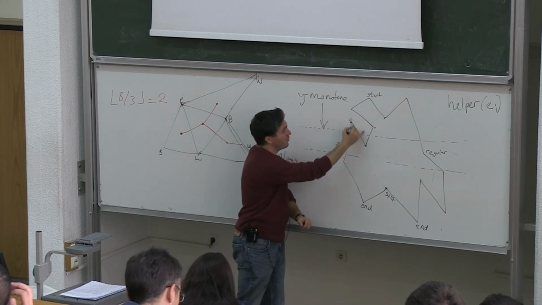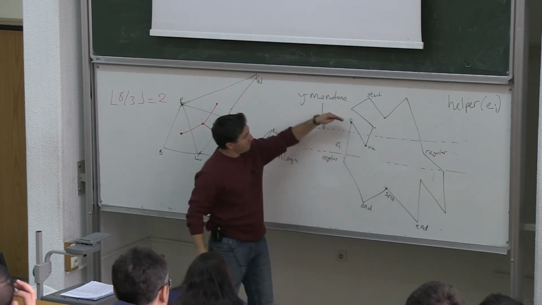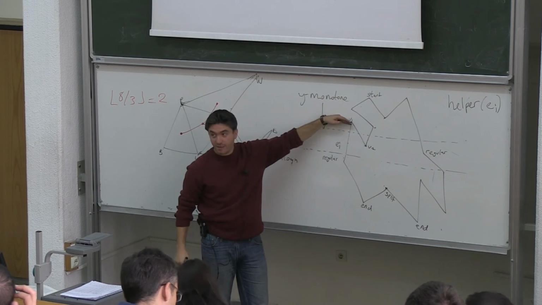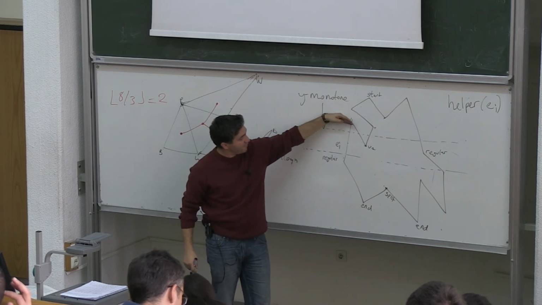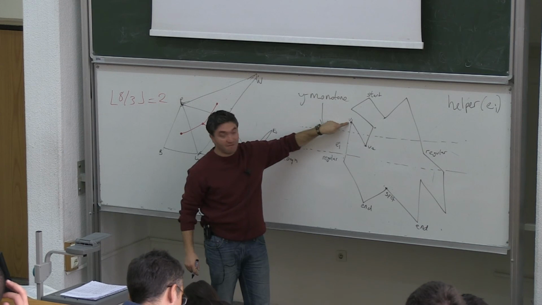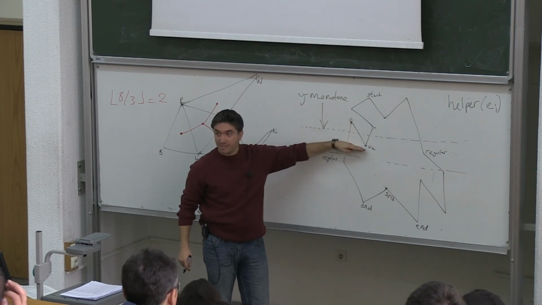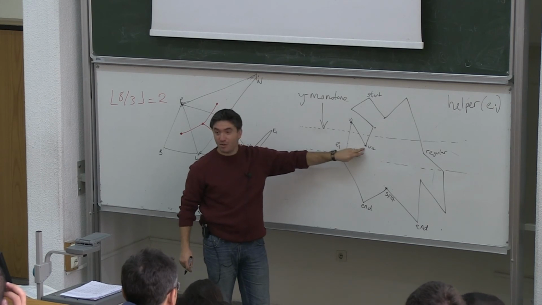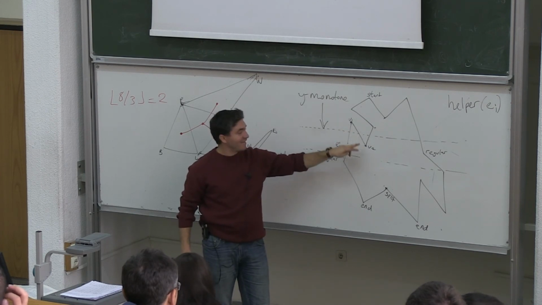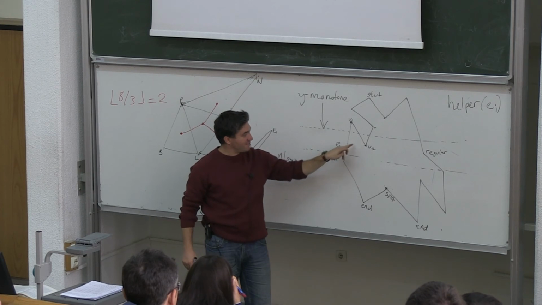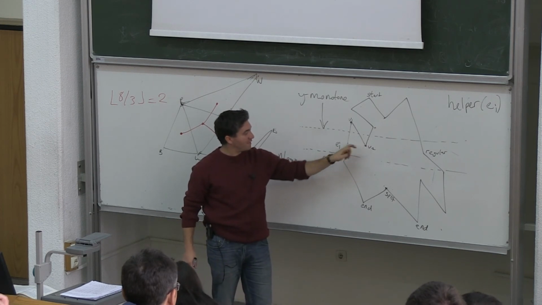So if this is V1 and this is V2, when the sweep line reaches here, I set the helper vertex of e_i to be V1. And only when I come to event point V2, I see that V2 is lower than V1, and it is immediately to the right of this e_i.